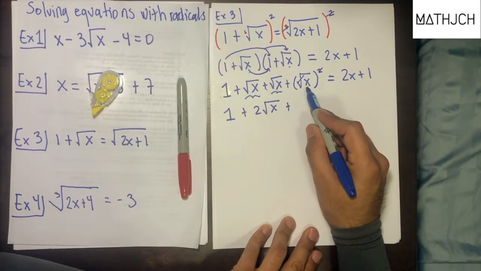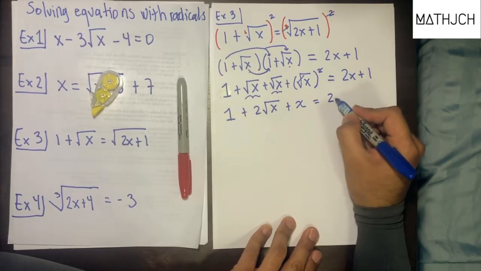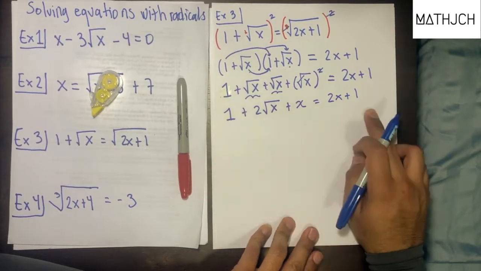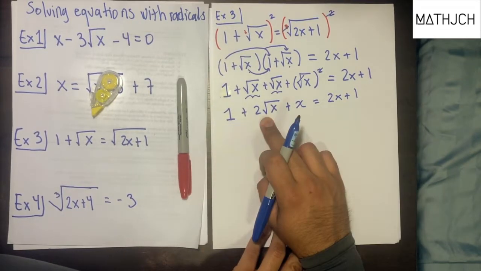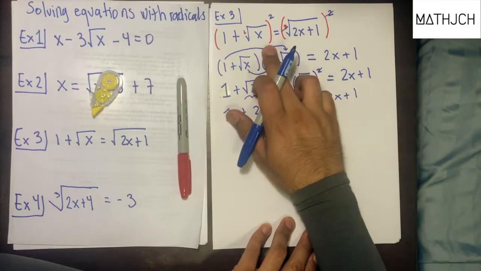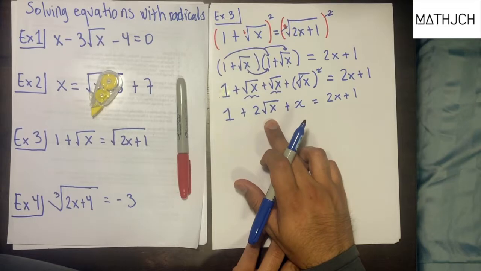We are left with everything inside, which is just x, equals 2x plus 1. Now notice, we have an equation with only one square root. At the beginning, we had not one but 2 square roots. Now we have only 1.